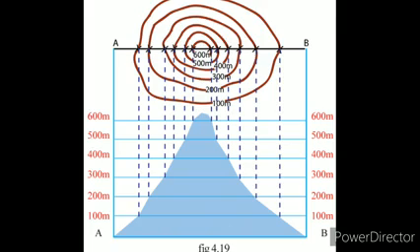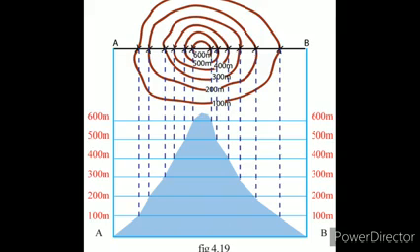Draw vertical lines from the points where contours cut across AB. Mark the points at which these vertical lines intersect the horizontal lines. Look at the figure again. Join the points with smooth curves and shade the area using a pencil. That is the blue colored area given there. Thus we get the shape of the landform represented by the contours.